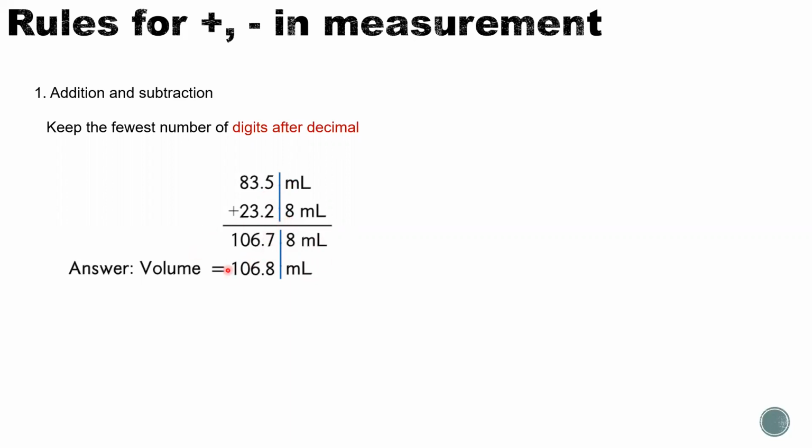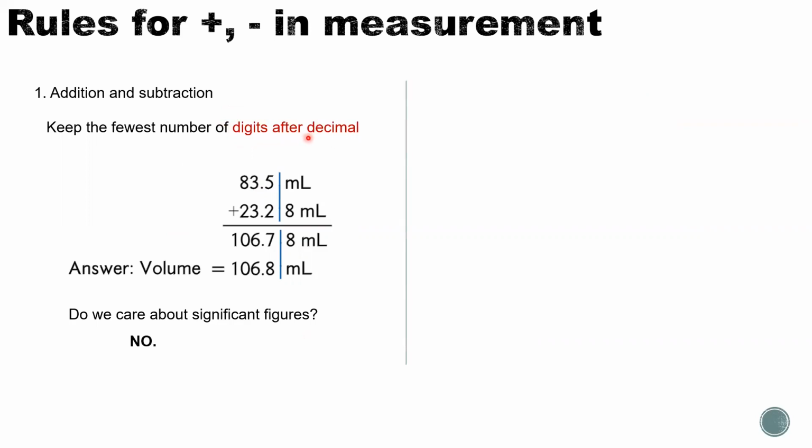So in the answer, we keep the fewest number of digits after the decimal. So it's 106.8. In the case of addition and subtraction, do we care about how many significant figures there are? We don't. We only care about the digits after the decimal.